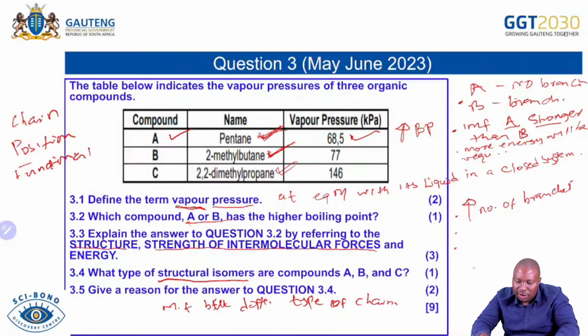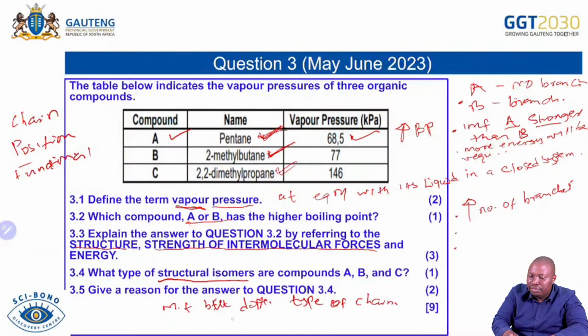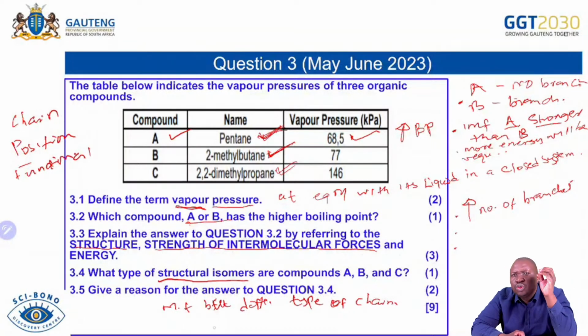Give a reason for your answer. So you can see that already you are saying, okay, they are chain isomers, A, B, and C. Give a reason. Most of the time in paper 2, please get this one. When we want a reason, you will find that the definition will be a better explanation.